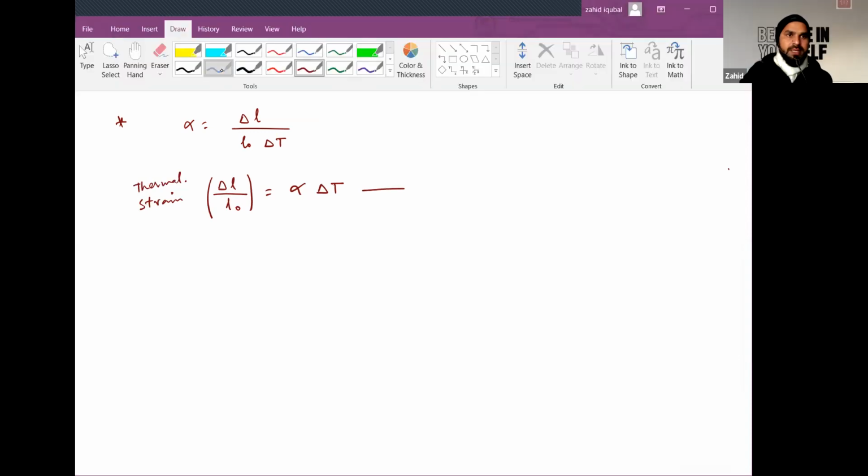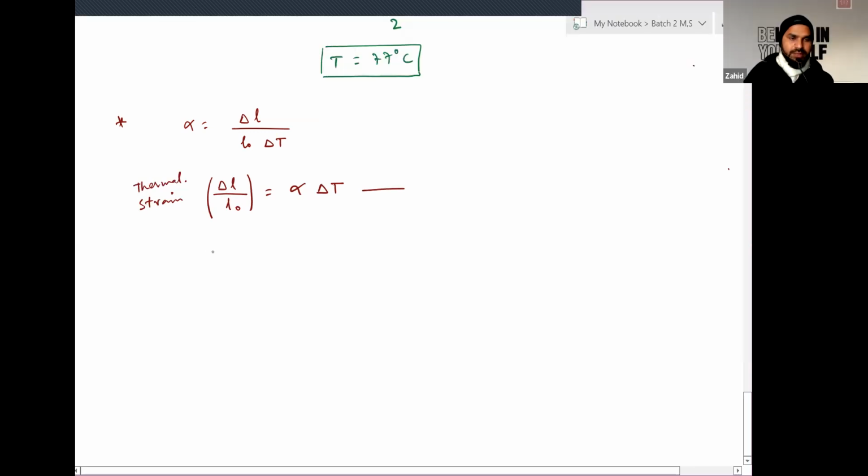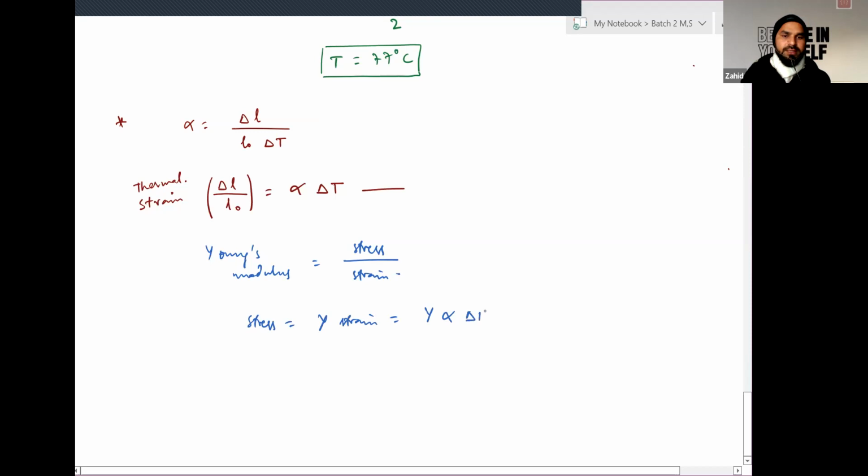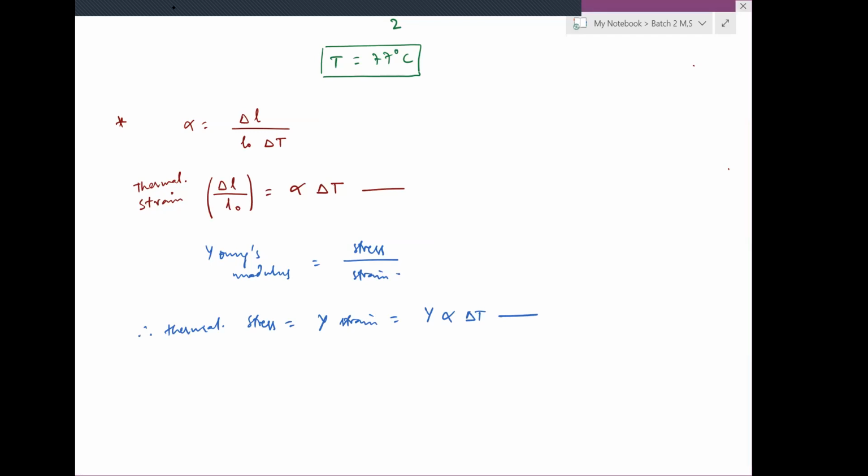Similarly, we may define some other term. According to the relation, Young's modulus equals stress divided by strain. So stress will equal Young's modulus times strain. Strain we have calculated above, so we may write it as Y alpha delta T equals thermal stress. Is it clear? Yes, sir.